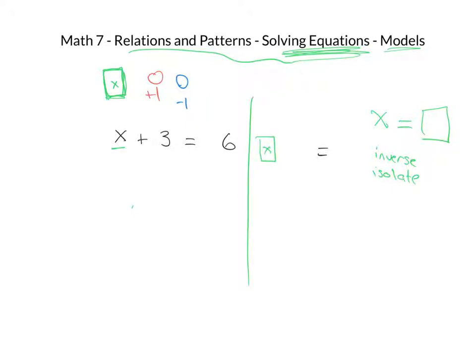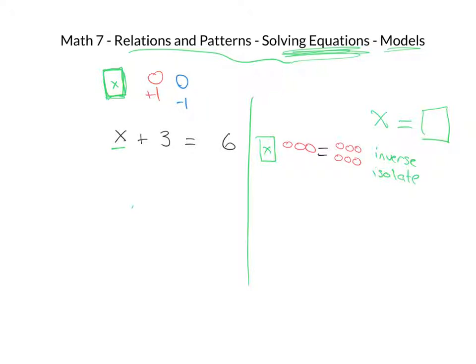There we go. And we've got a 3, so this is +3, so I've got 3 red circles. That's +3. On the right side of the equal sign, you can see I've got 6. So 1, 2, 3, 4, 5, 6.